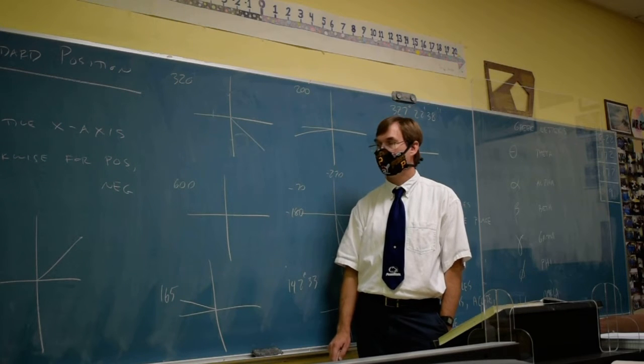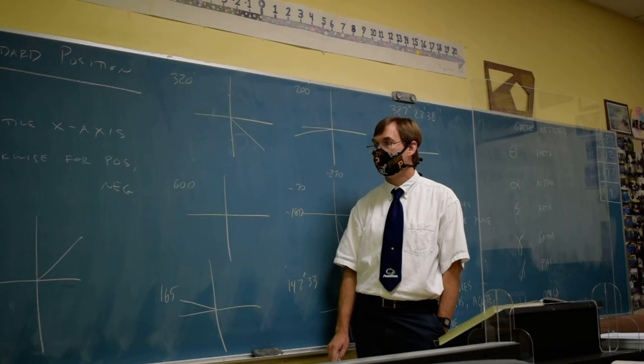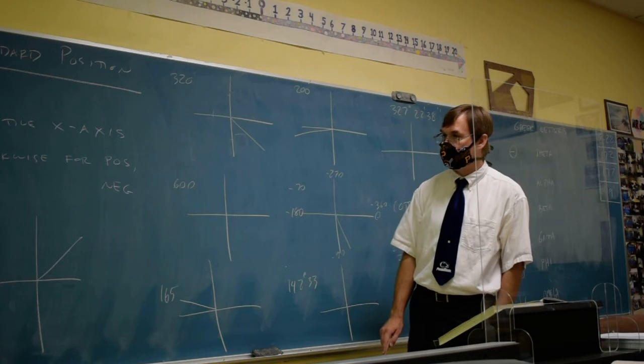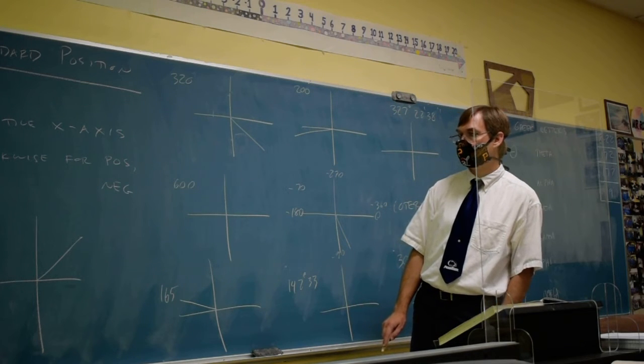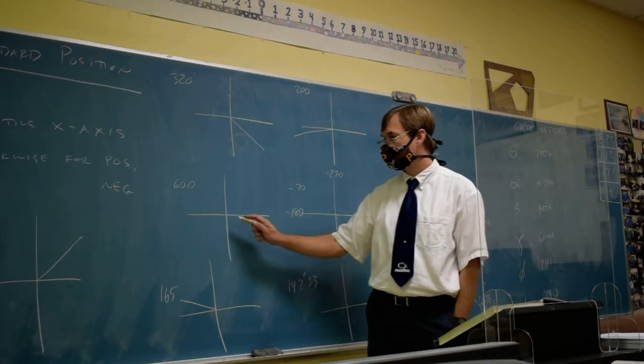Anybody? 600? Where would 600 land? We can do it. Quadrant 3. Yes, closer to 270.